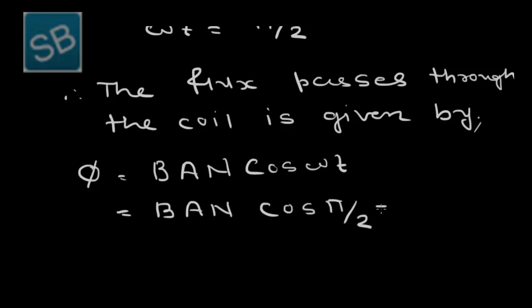But here we can directly say the value is 0. So when the current is maximum, the flux will become 0, and this relation we have also determined in the graph. Whenever the current was maximum, or we can say omega t is equals to pi by 2, the value of phi was 0 and the value of voltage, or we can say the induced EMF, was maximum, that means up to Vm. So with this our chapter number 1 is over.